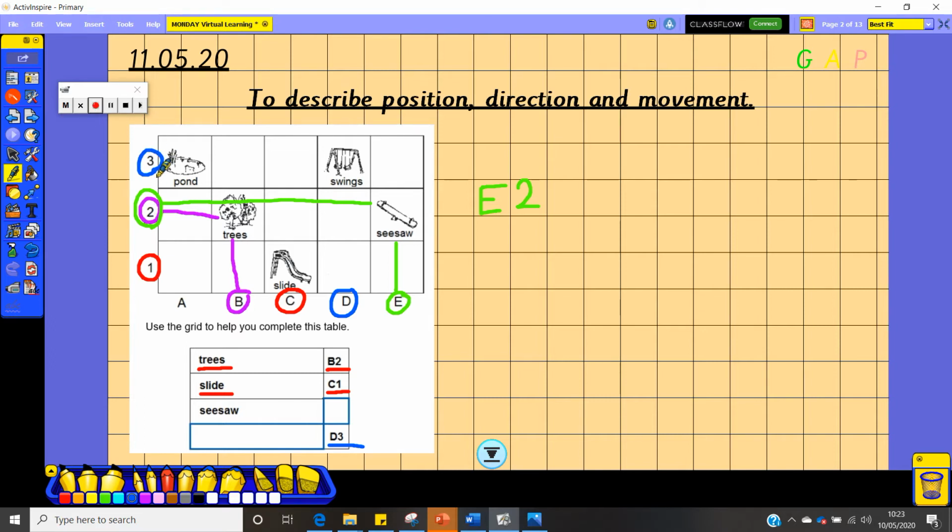And then where those two meet is the square we're looking for. So if I go all the way across here and then stop and up from D and stop, we will find that the object in D3 is in fact the swings. So in here, I would write swings.